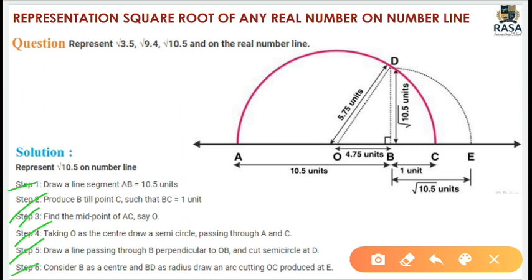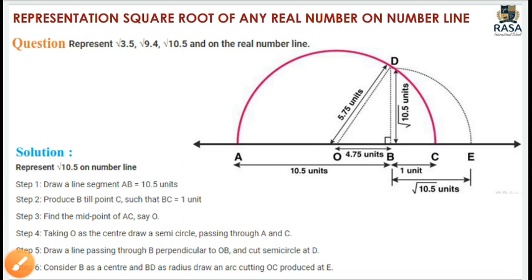We take B as center and BD as radius. We cut an arc on OC produced at E. Then this BE is your length on the number line, which is root over 10.5.